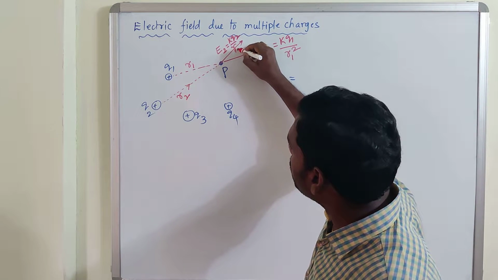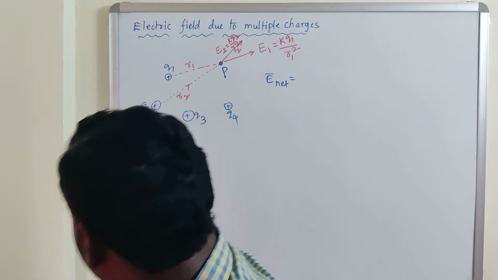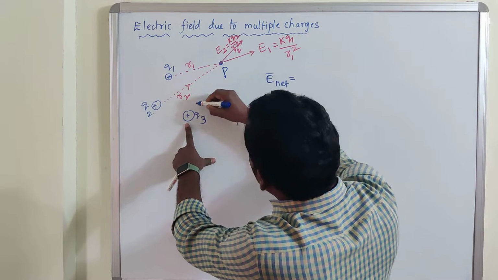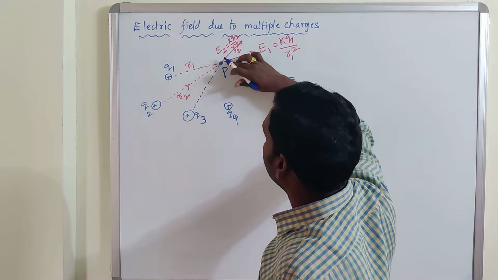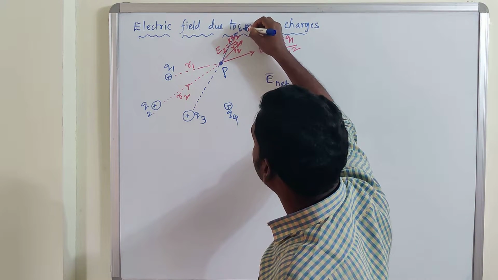Now the electric field due to the third charge at point P is along the line which joins the charge and point P, in this direction E3.